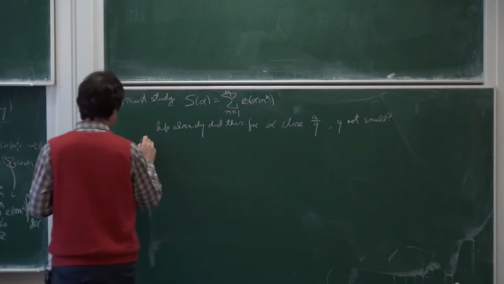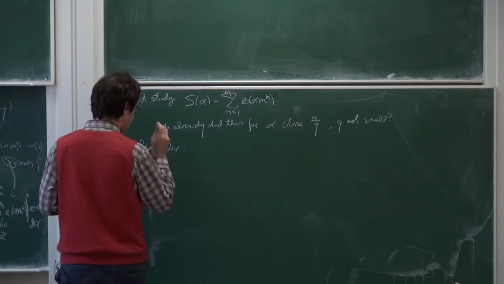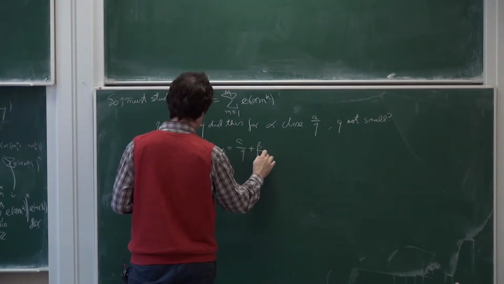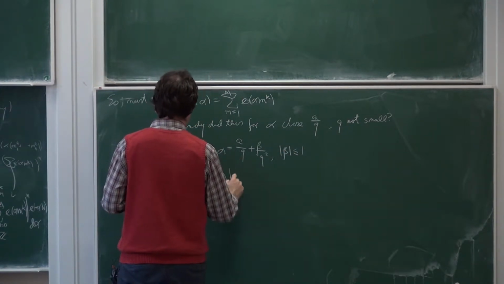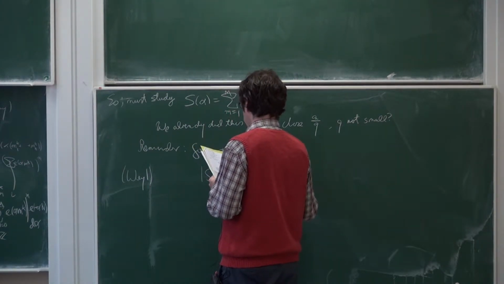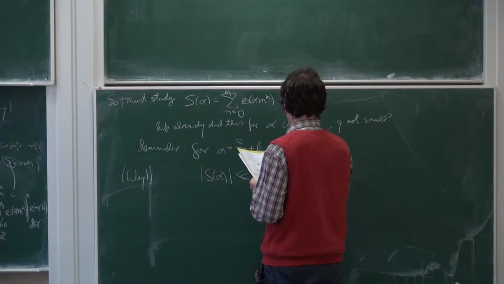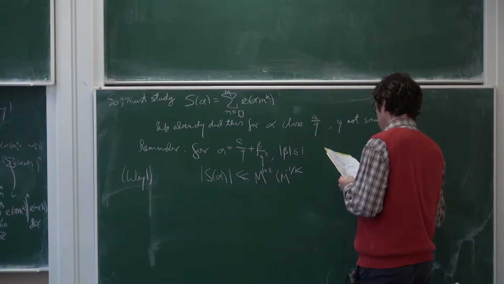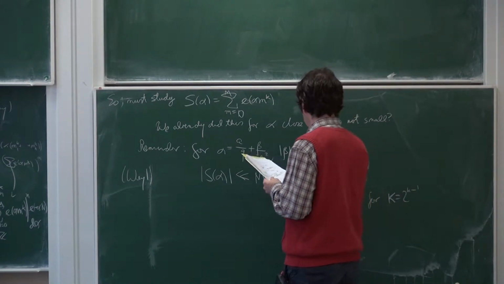I will remind you of what we proved. So this is Weyl, not Weil, very different. We have that S alpha is going to be at most a constant times m to the 1 plus epsilon. Oh, we can do it from 0 up to m if you prefer. Here you're going to have n to the, what is big K? Big K is 2 to the k minus 1. Vinogradov here had a better result, but this is the result that we proved.